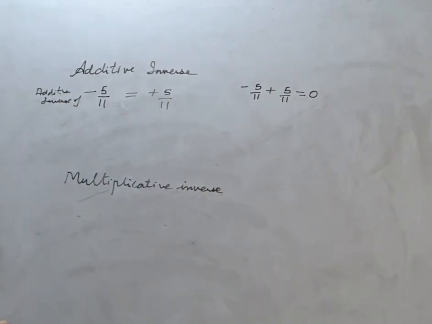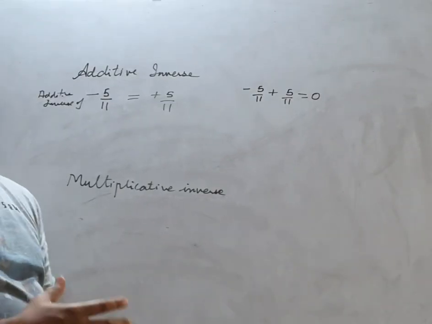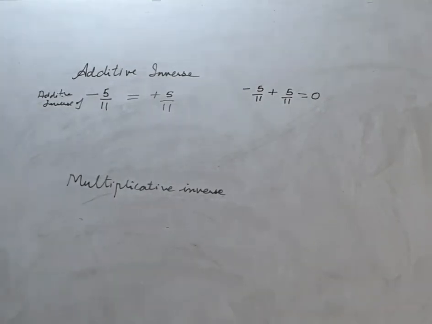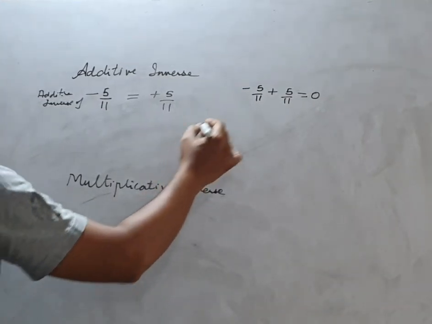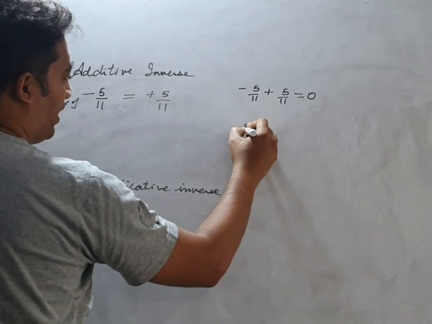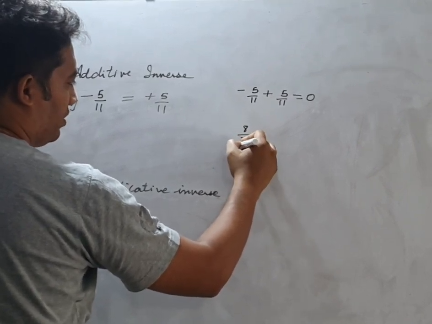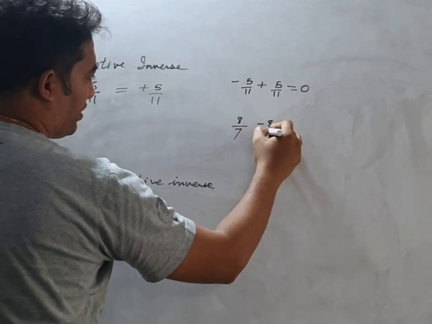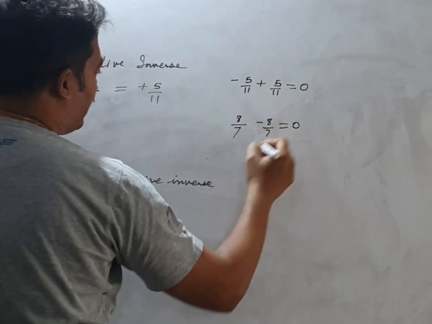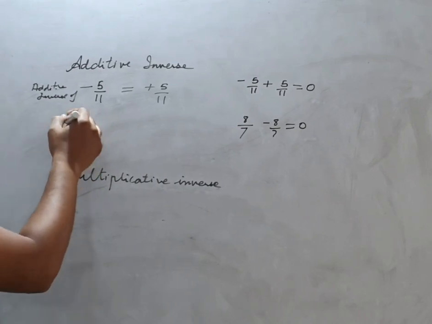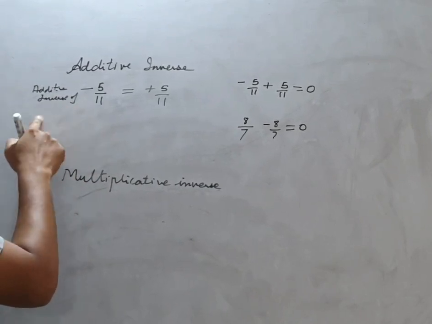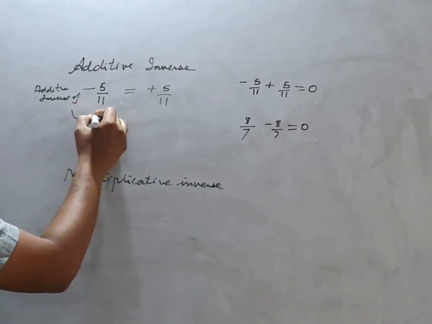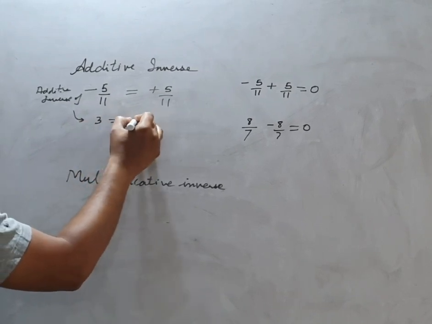Always remember, the sum of a rational number and its additive inverse is always 0. So if I have a rational number, say 8 upon 7, its additive inverse obviously will be negative 8 upon 7, and their sum will be 0. Now, the additive inverse of 3 is negative 3.